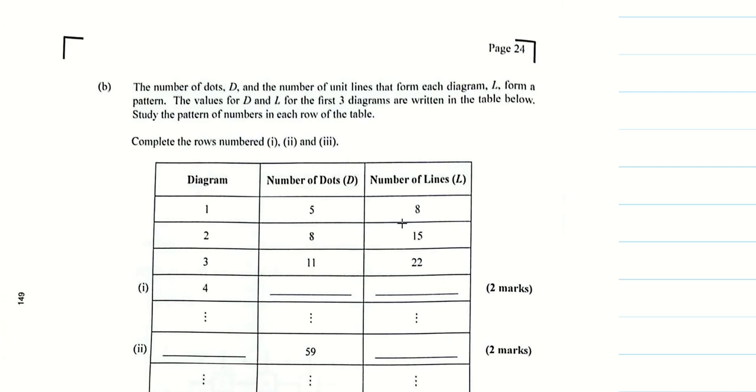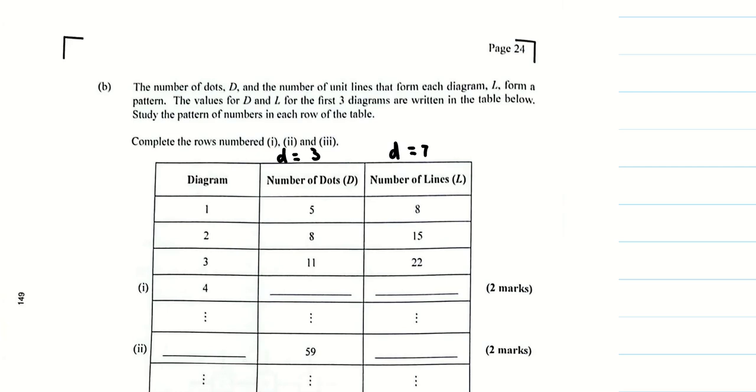So the common difference for the number of lines is 7. So your common difference for the dots is equal to 3, and for the number of lines, your common difference is equal to 7. That is important for the formula.